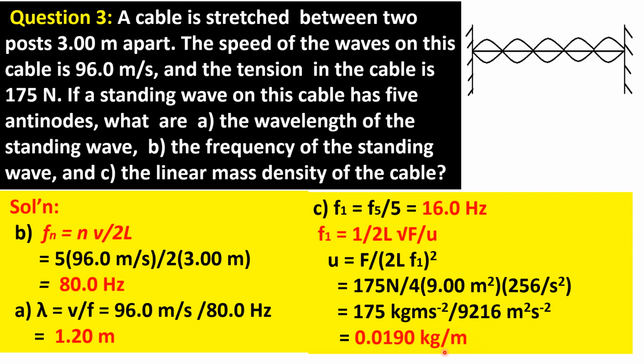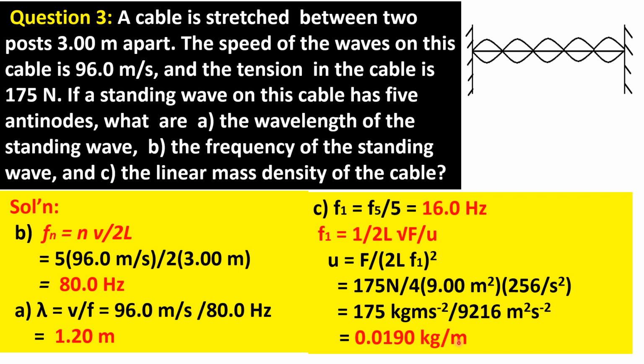As you can see, kilogram is a unit of mass, and meter is a unit of length. That's why it's called linear mass density, because the mass is expressed as per unit length, not the usual mass per unit volume.